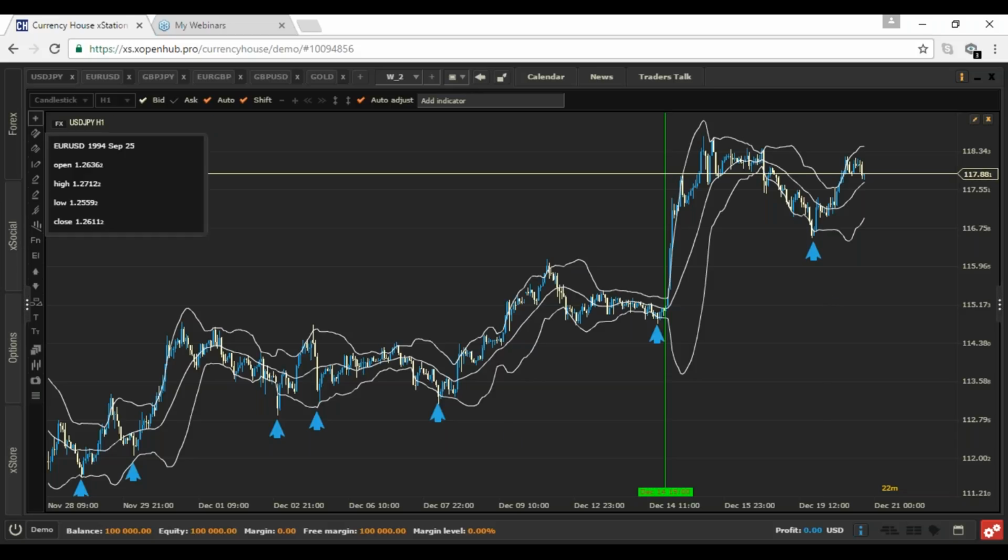If we calculate possible profits from just recently, you can see this signal to buy and you take profit here, so it gives you more than 200 pips in several hours, not more than 2 days.